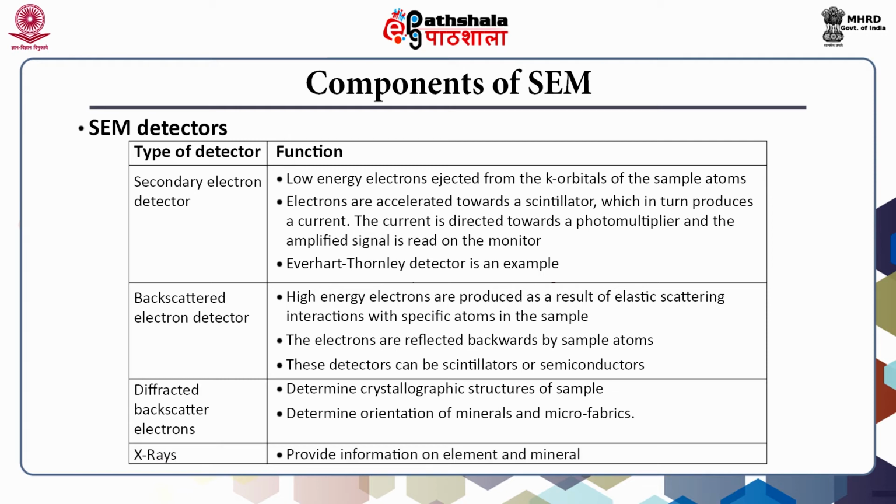X-rays can be used for elemental analysis. In addition, a stable power supply, vacuum and cooling system is required. A vibration-free space that isolates the instrument from ambient magnetic and electric field is also required.